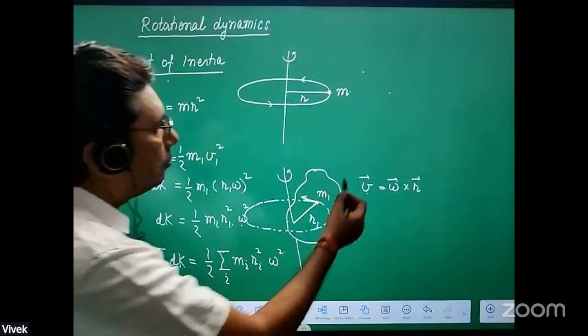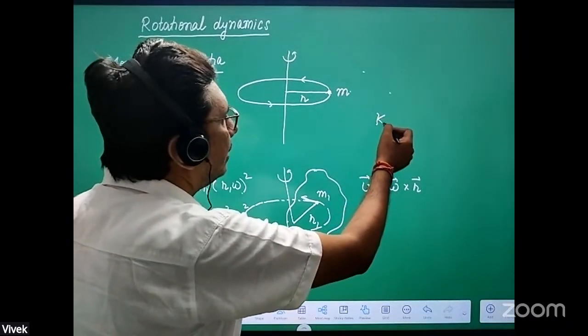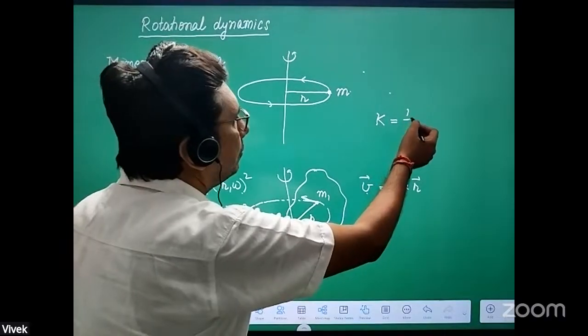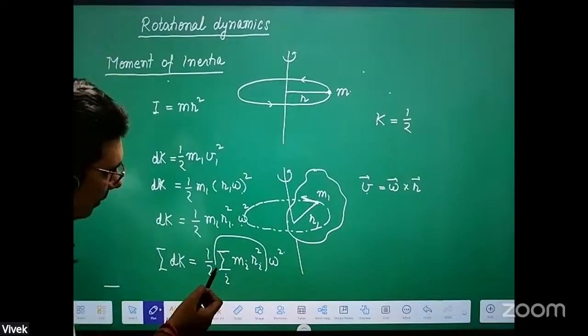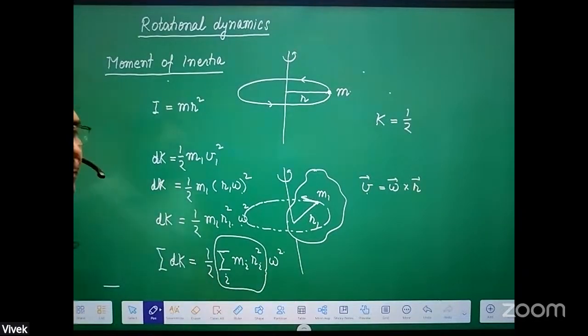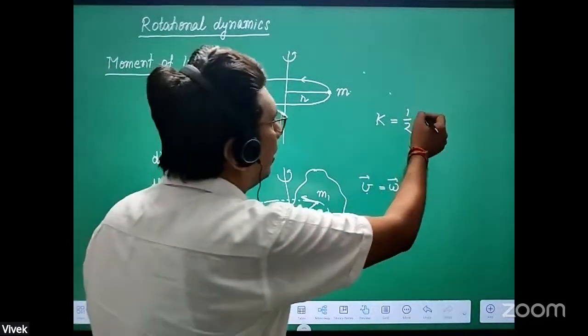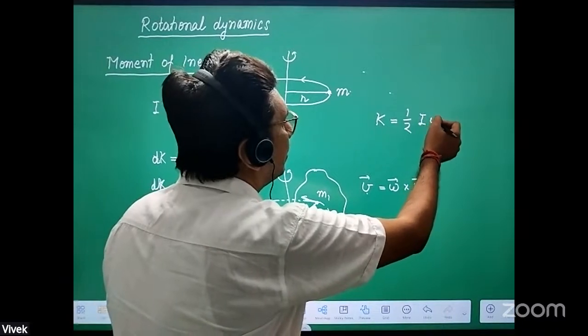So this will be the total rotational kinetic energy. It will be 1 by 2, and this property is called the moment of inertia, I, omega square.